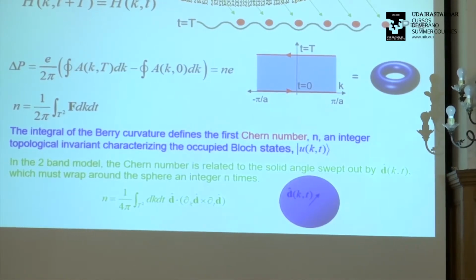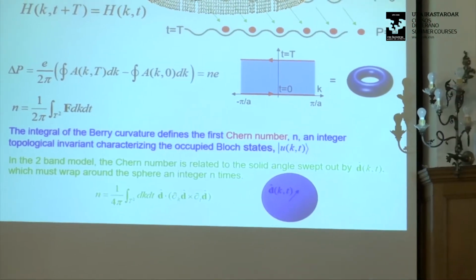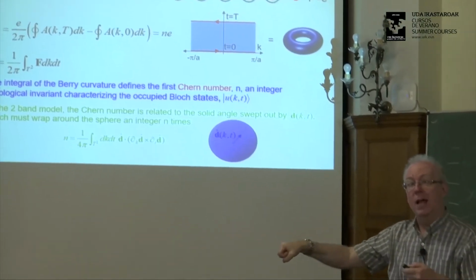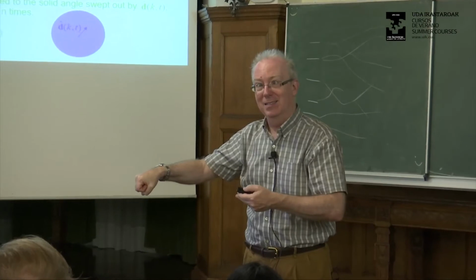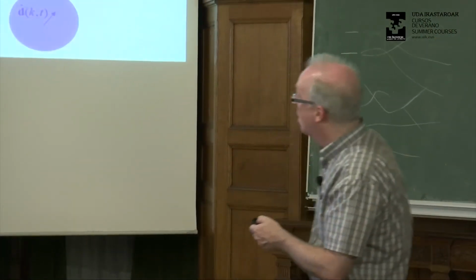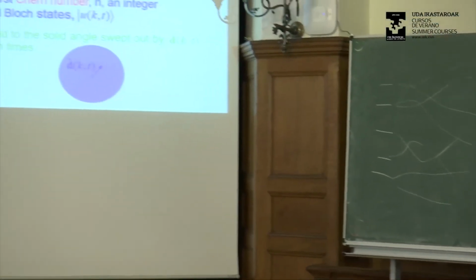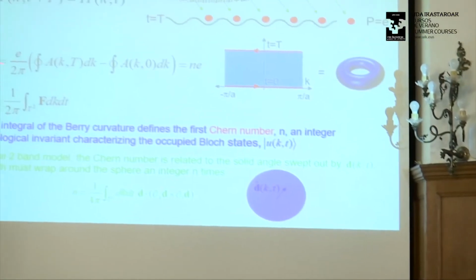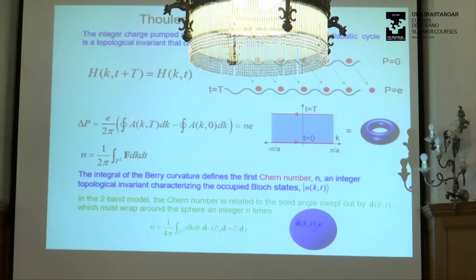Now remember, e and 0 are the same, right? Because the electric polarization is only defined mod e. But this pumping cycle is a way of getting the electric polarization to change by e. And I've come back to where I started at the end. So again, my electric polarization, I can think of it as the Berry phase.